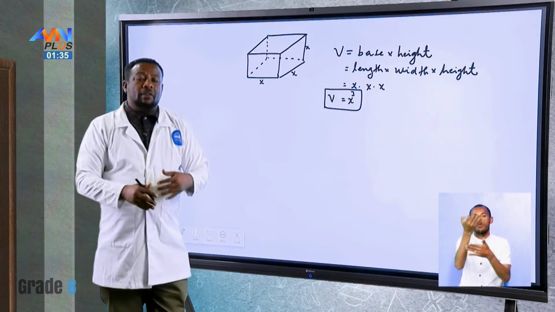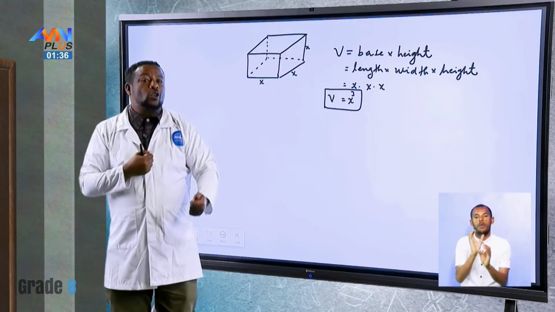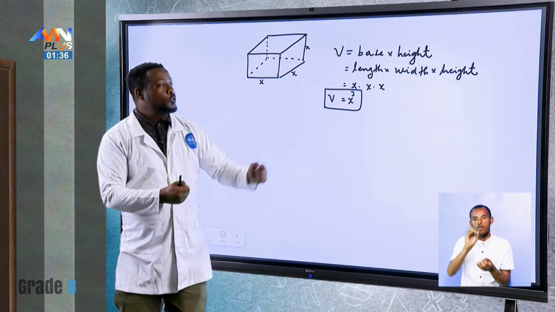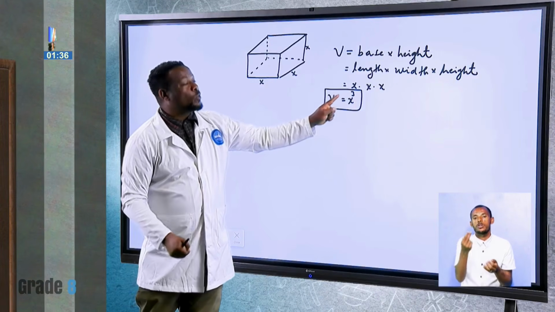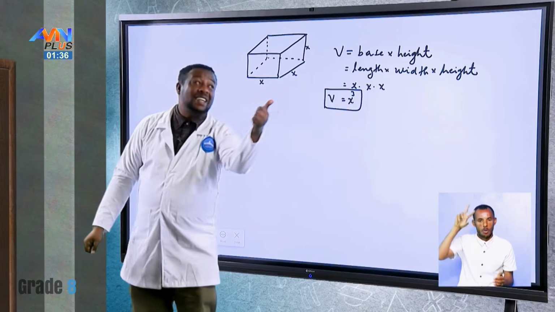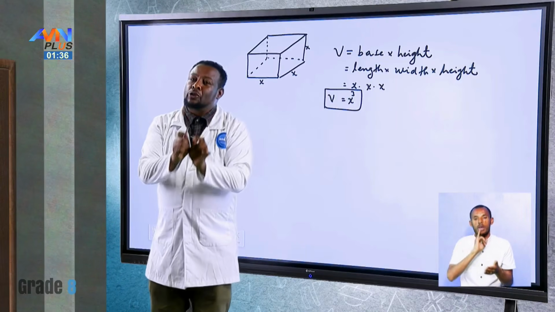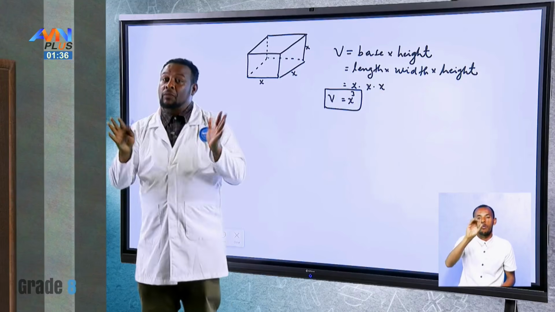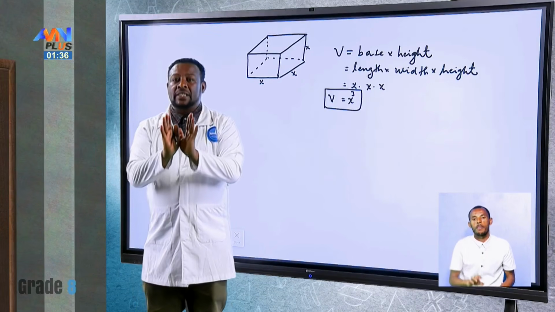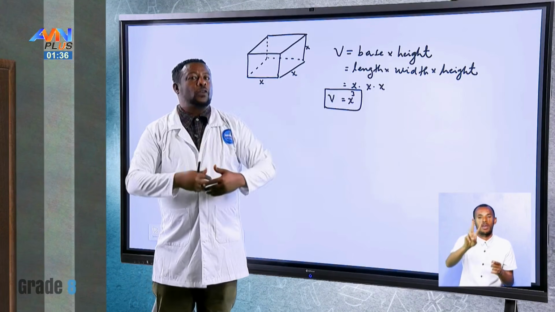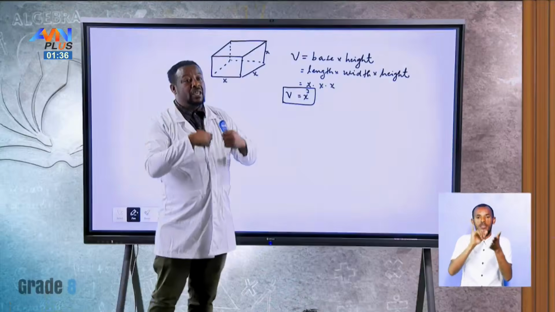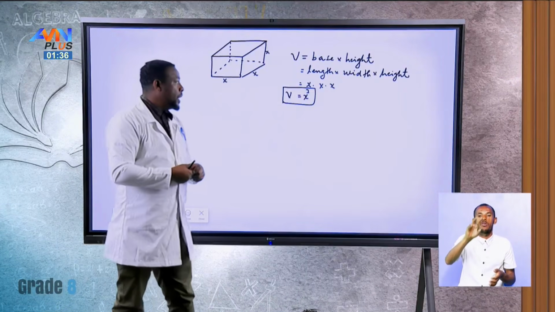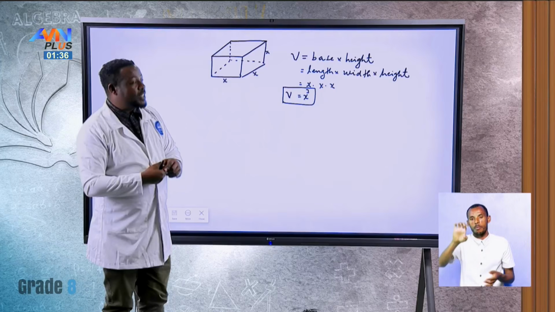Whenever you want to calculate the volume of a cube, use the formula V equals x cubed, where V is a shorthand notation that we use to represent the volume.